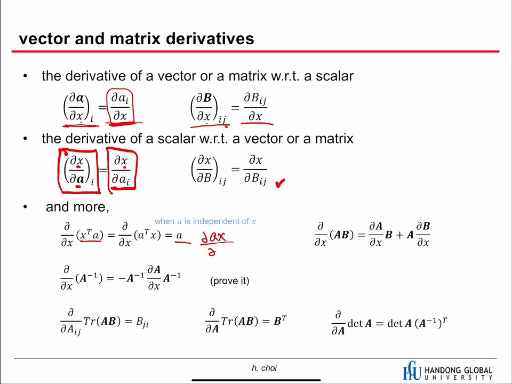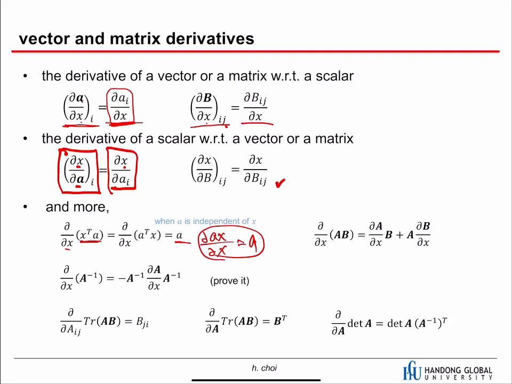When A and x are scalar variables, then this is A. Likewise, we have x transpose A, where x is a vector and A is a vector, then still, when we take a derivative with respect to x, it's A. Okay, and when we take a derivative of A times B, it's like function composition: derivative of A times B plus A times derivative of B. And the derivative of A inverse is simply like this.